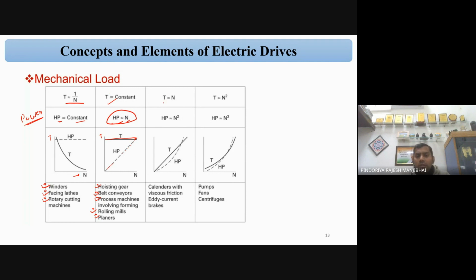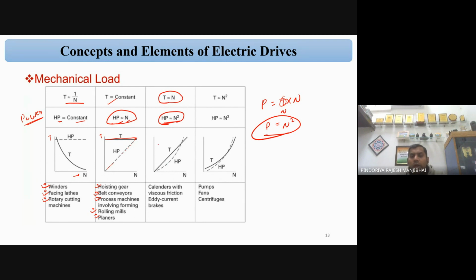Third, torque is directly proportional to the speed. When torque is directly proportional to the speed, your horsepower is directly proportional to the square of the speed, because power is nothing but torque into speed. So power is n square, and you can see horsepower is proportional to n square.